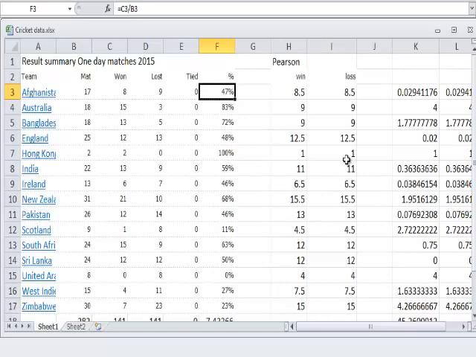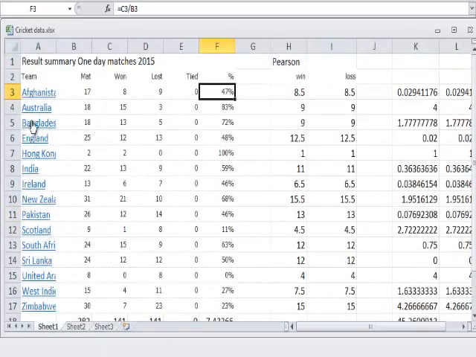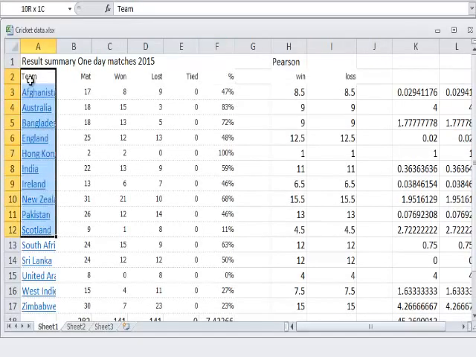Actually, we also have a confidence interval for this. Now I'm going to copy this data onto some other sheet so that we can do the estimation exercises.